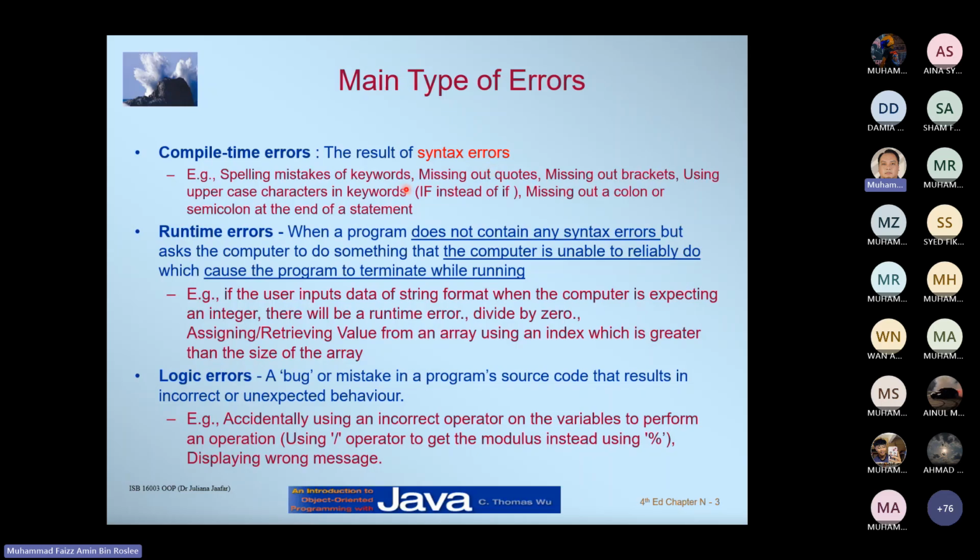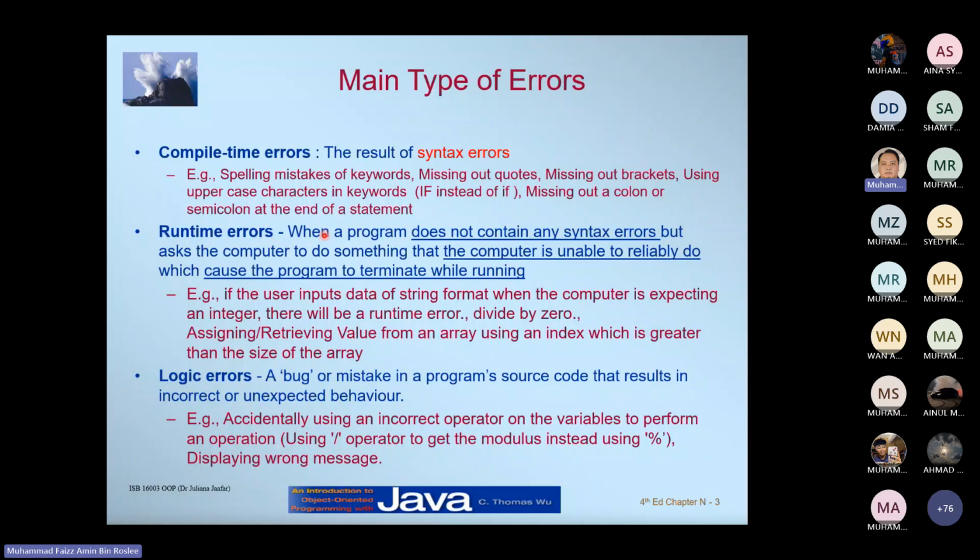For example, if you type If in capital letter instead of if in small letter, this will cause a compile time error. Java will throw out the compile time error. Basically, it's regarding your Java syntax. So if you have a mistake with your Java syntax, Java will throw out the compile time error.